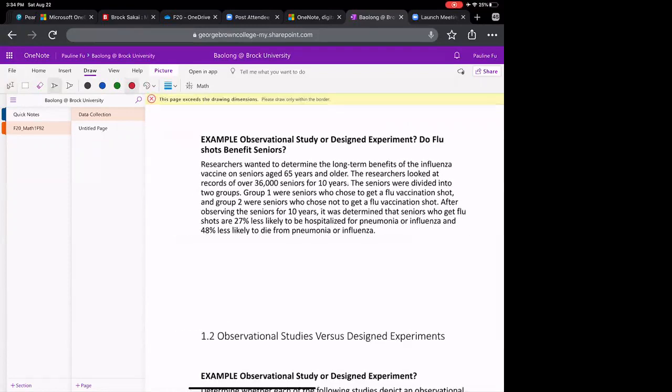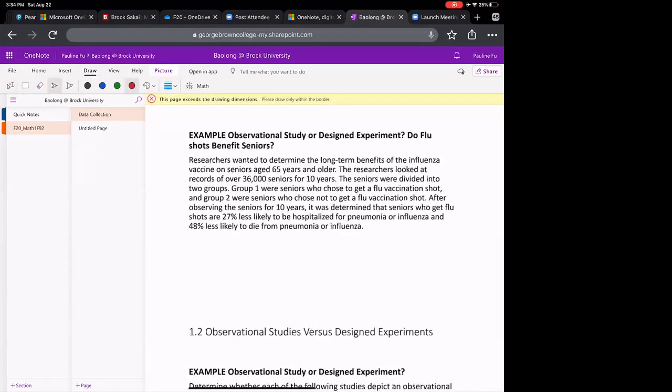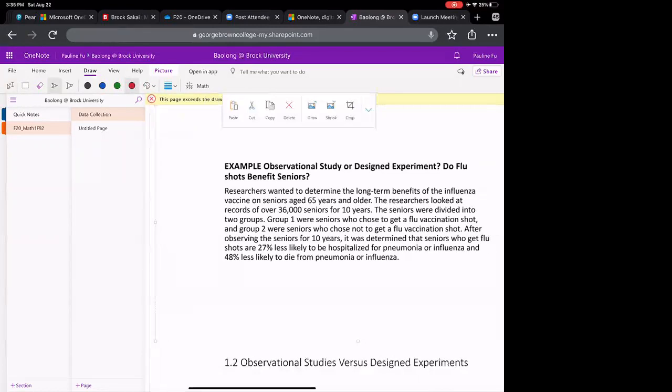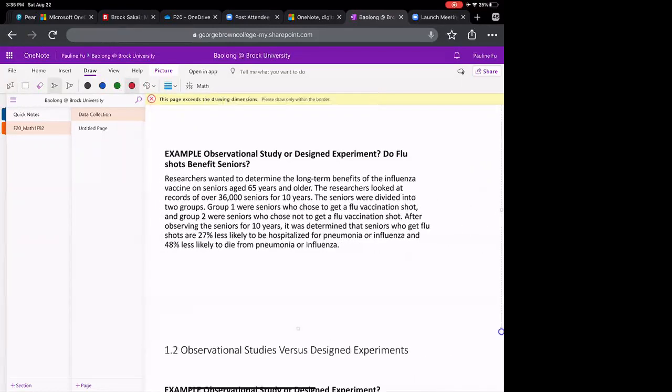It is an observational study, because the researchers didn't control the patients, the seniors, the objects being studied. They just observe two different groups of people to see which group has a greater likelihood of being hospitalized.